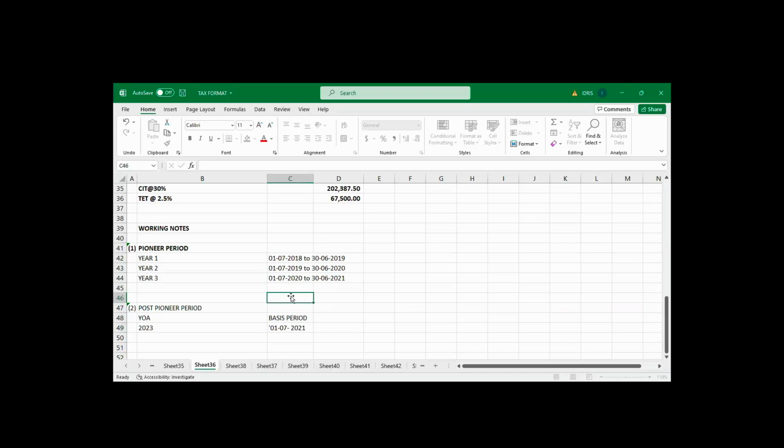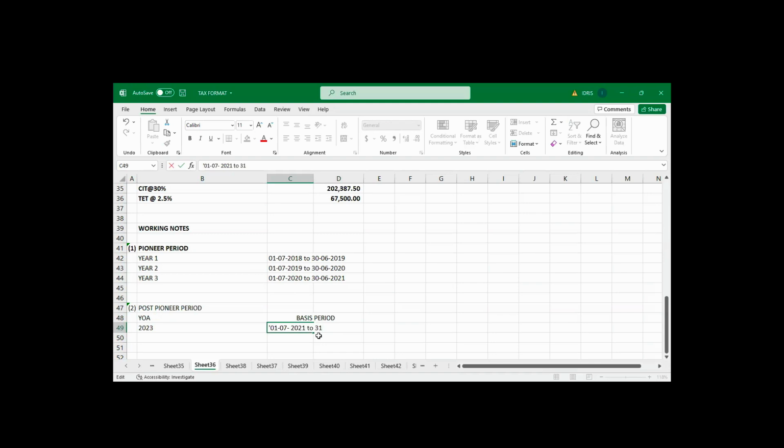You know the pioneer period ends 30th June 2021? Yes, sir. So the post-pioneer period will start 1st July 2021 to when?